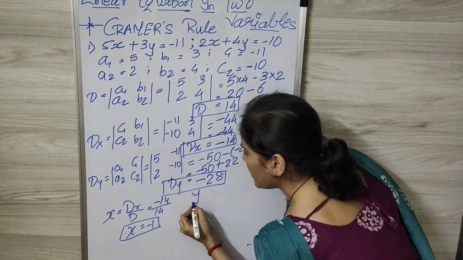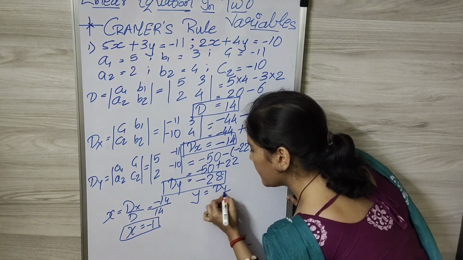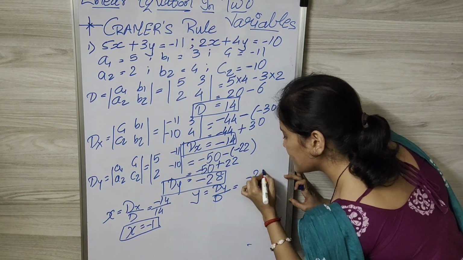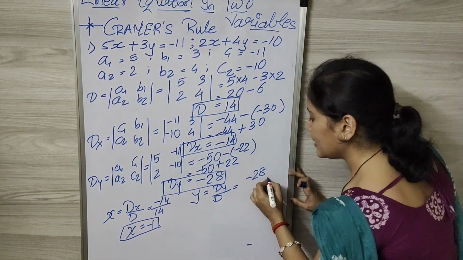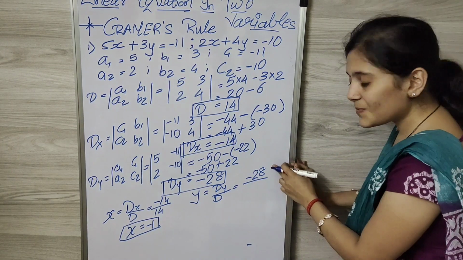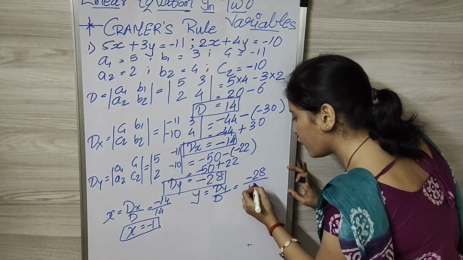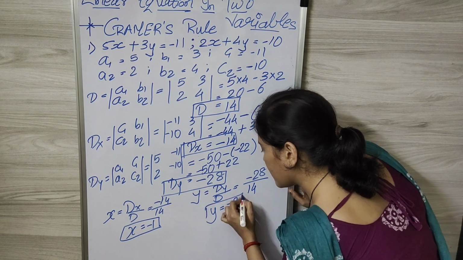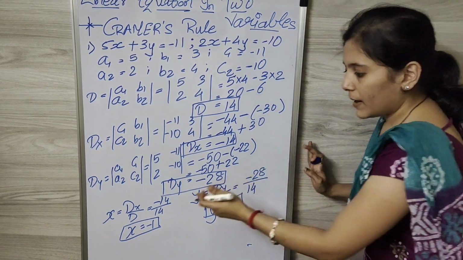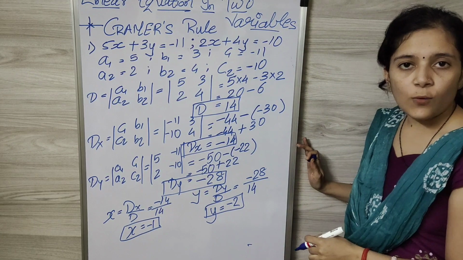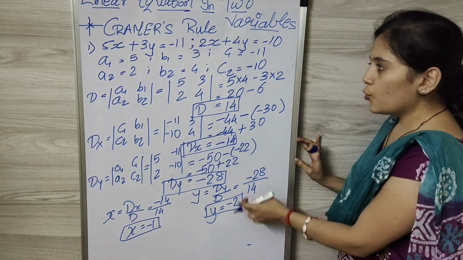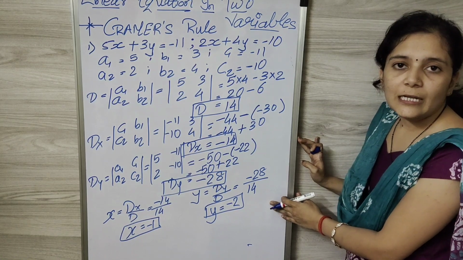Next, y is equals to dy by d. dy is minus 28 and d is 14. So y is equals to minus 2. Now I got the solution x and y. X is minus 1, y is minus 2. I think you have understood till here.